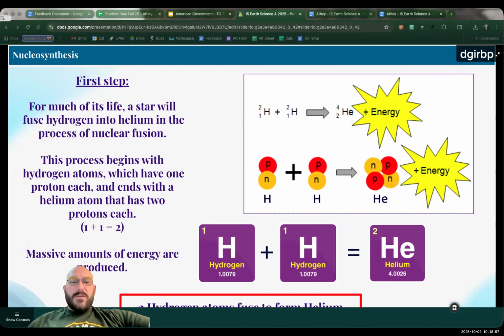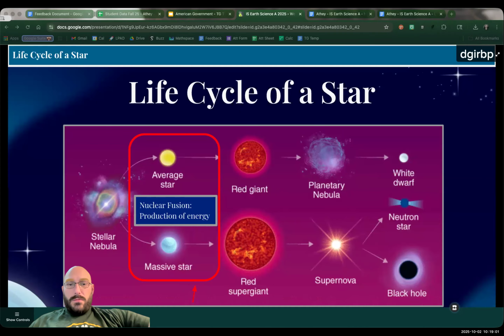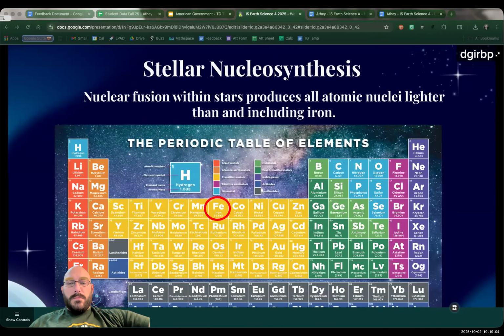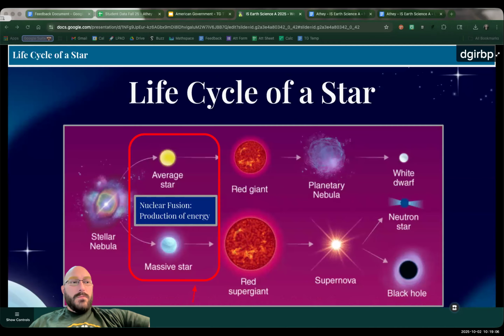No, it does not start from a supernova. It starts from a nebula, then a massive star, red giant, supernova, and it either leads to a black hole or neutron star. We'll get to how that part works later, I promise.